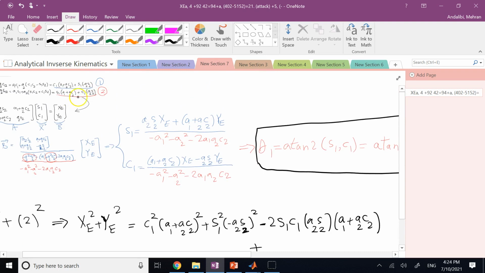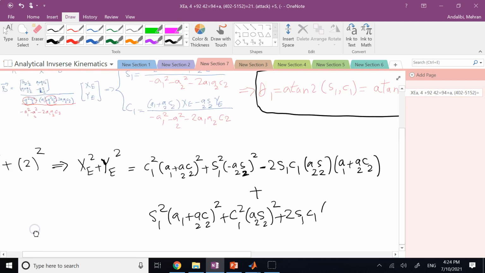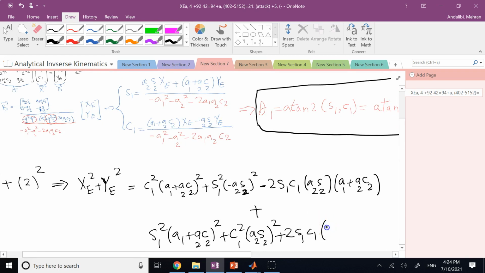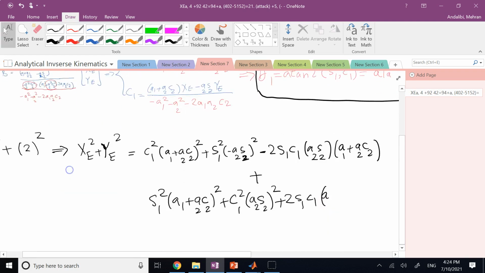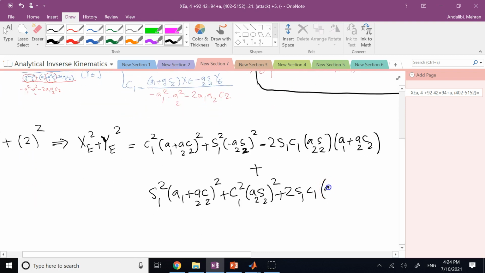And then again, plus 2 times them. Now here everything is positive, so you get plus 2 s1 c1 times a2 s2 and times (a1 plus a2 c2).